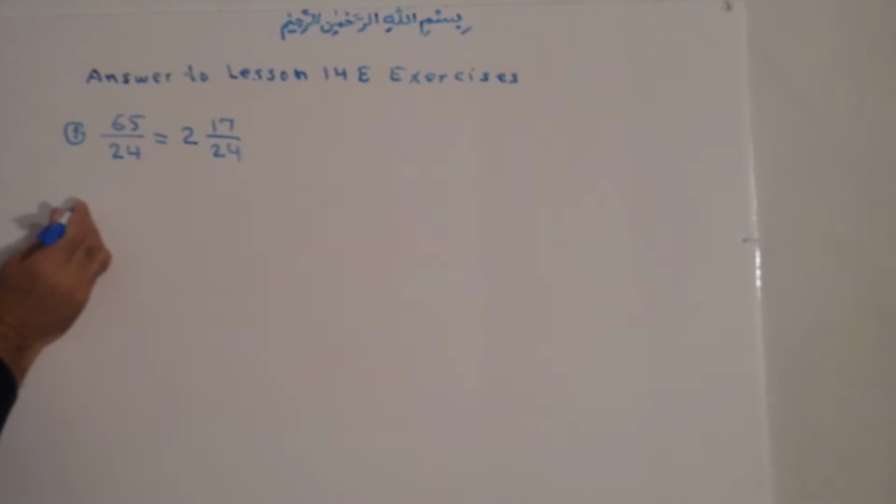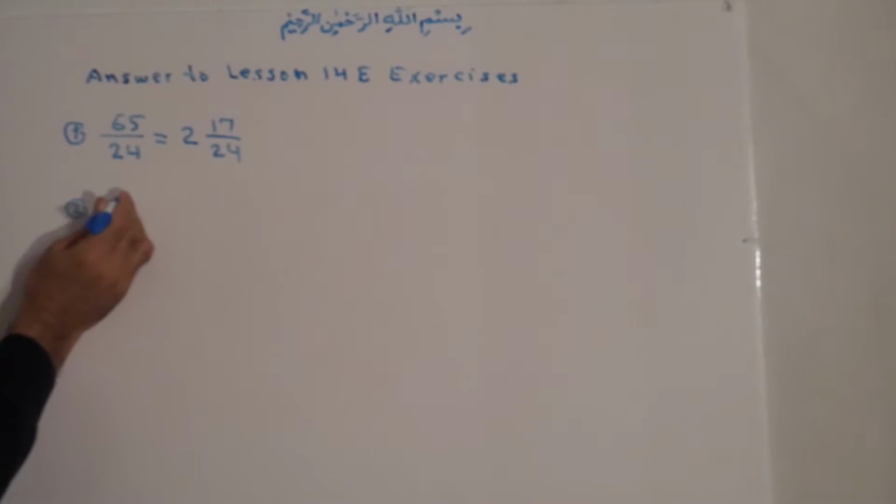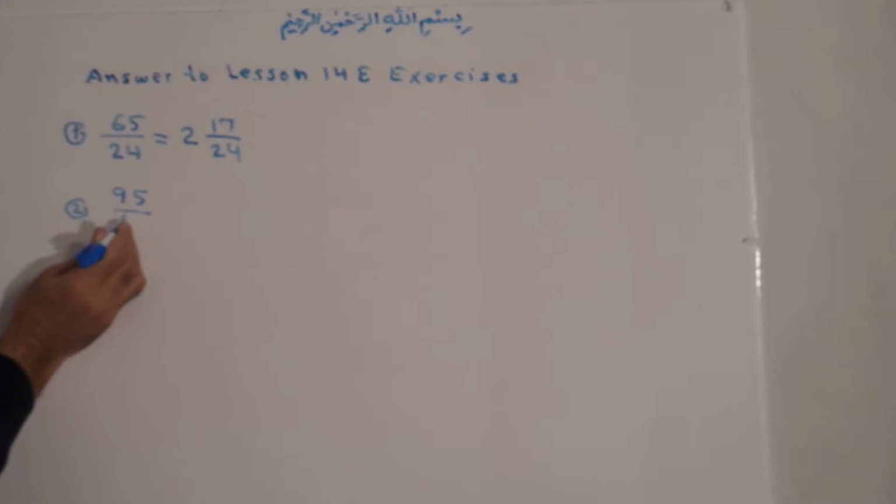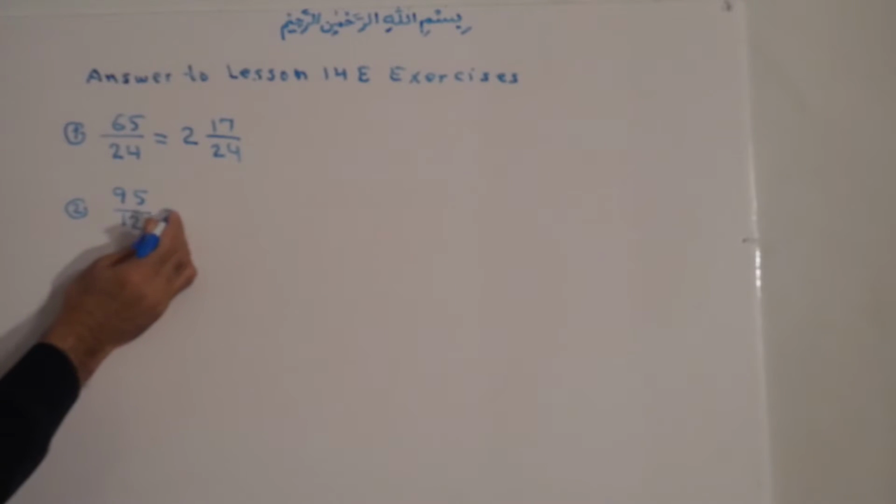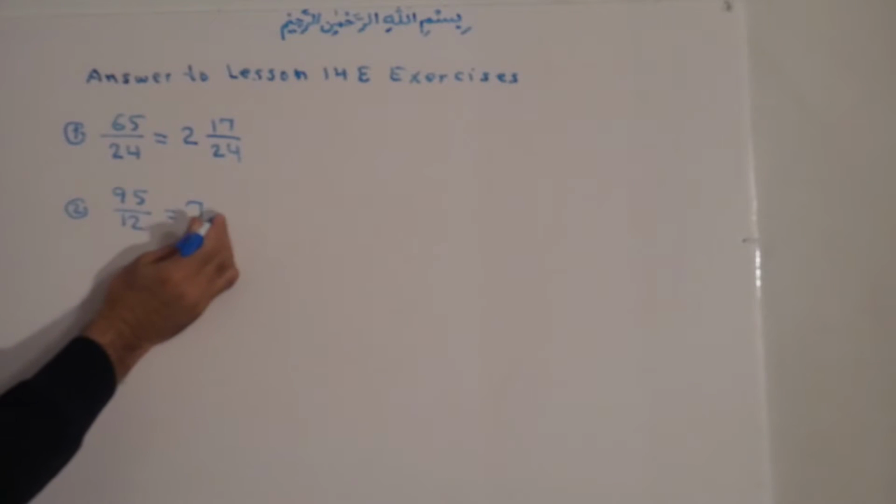And number 2: 95/12, which is equal to 7 11/12.